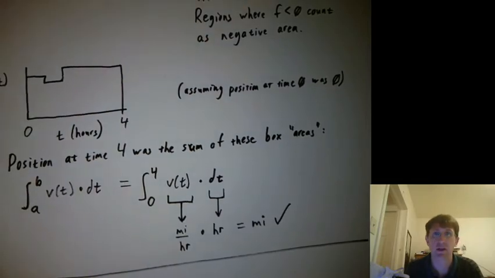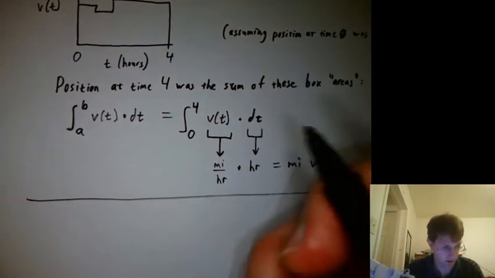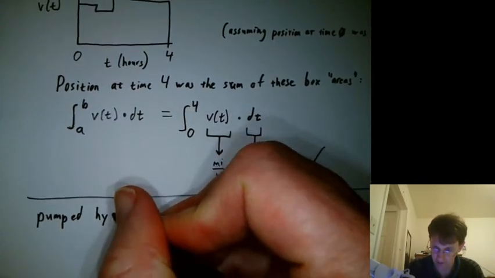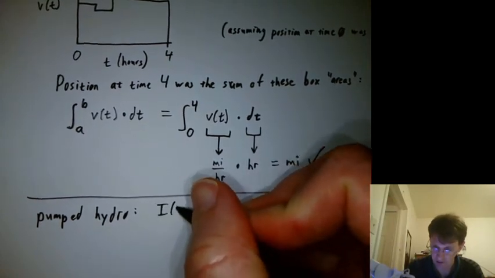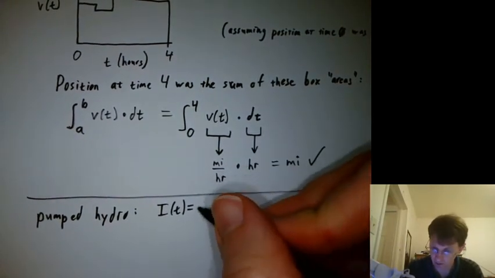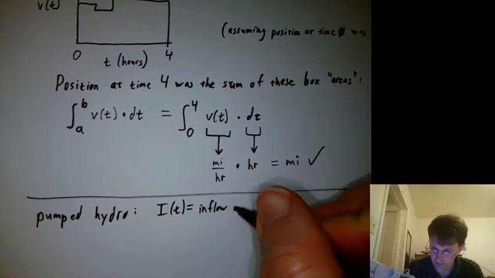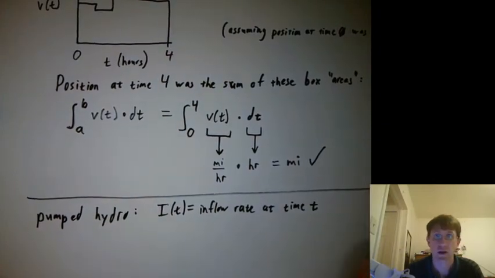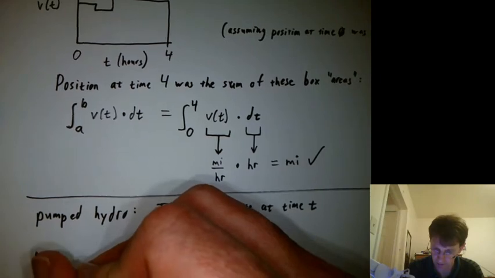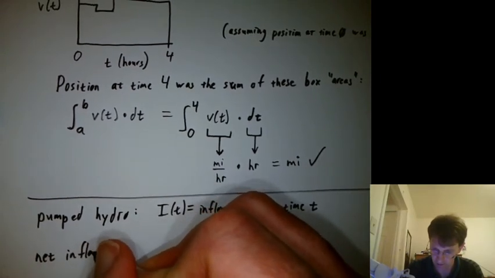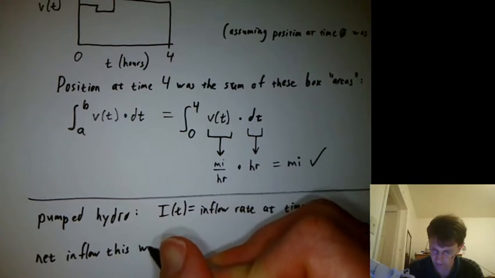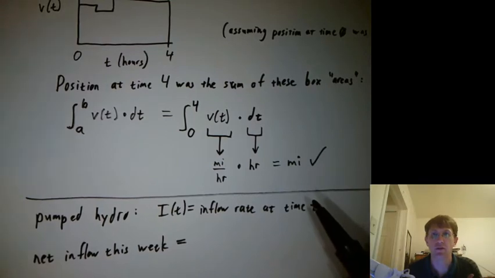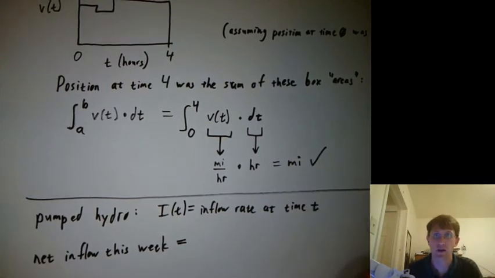What can we do with this and the pumped hydro storage? What kind of integral can you write for that? Let's say I of t is the inflow rate at time t. And then what's the net inflow this week? Remember, net means total after accounting for stuff coming in and stuff going out.